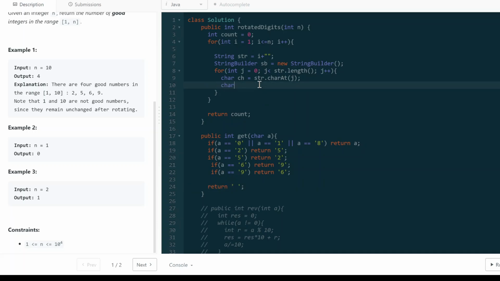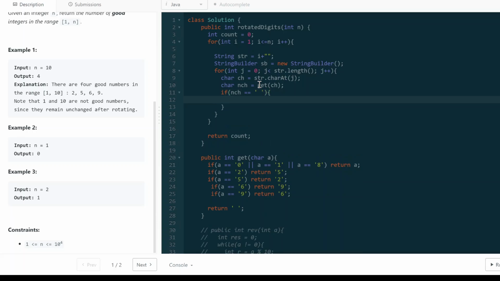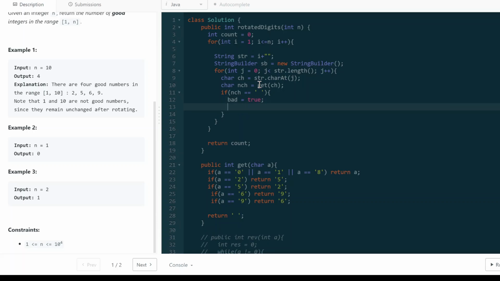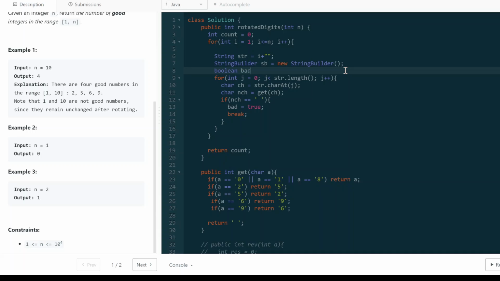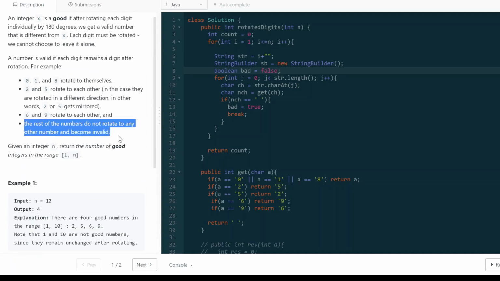And then I'm going to say char nch equals getCh, and if nch equals this, I'm going to say break, or maybe bad equals true, and then break. I also need to create a bad variable, boolean bad false. So this means that we found a digit that lies between this condition, so it will be invalid.